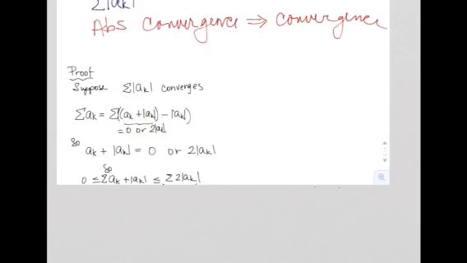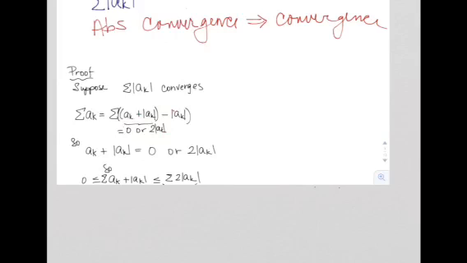Now, if a sub k is negative, the absolute value of that is positive. If they're both positive, it's equivalent to 2 times the absolute value. If this one's positive because it's an absolute value and this one's negative, you get a 0.